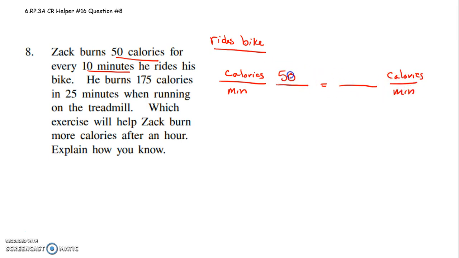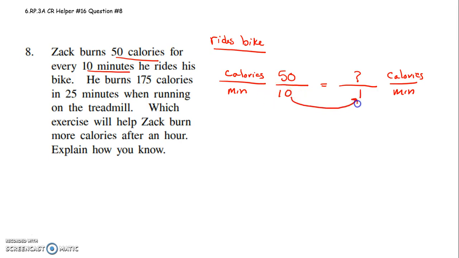So 50 calories in 10 minutes. How many calories in just 1 minute? That would be my unit rate. So I'm going to first figure out how many calories he burns per minute. If he's burning more calories per minute, he's going to be burning more calories per hour.